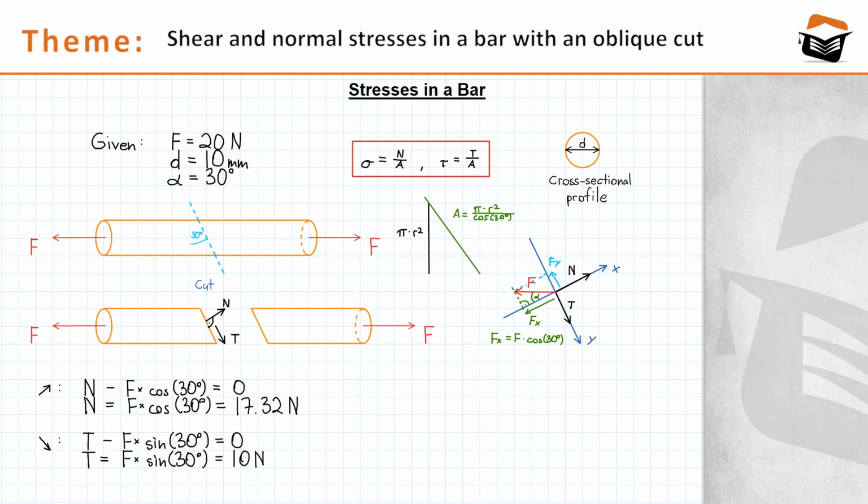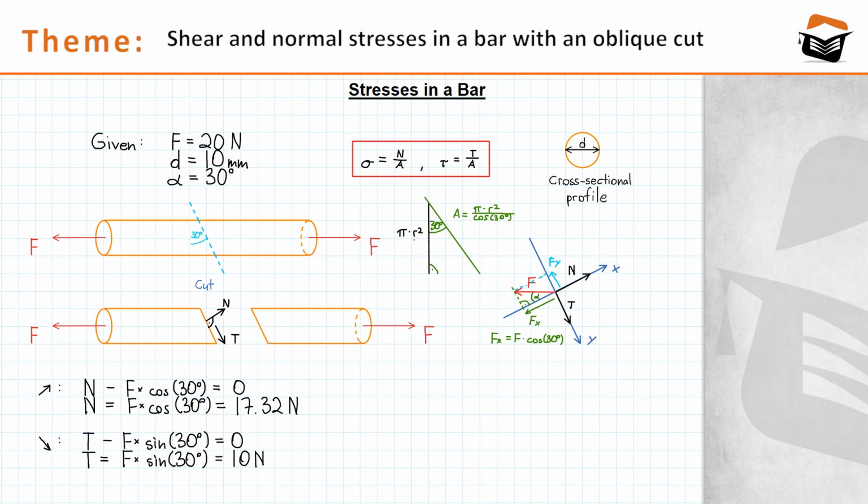Why is it necessary to divide the product of pi and r squared by cosine of 30 degrees? Because here we have a right-angled triangle with this angle being 30 degrees and the right angle being here, and cosine is the ratio of the adjacent leg to the hypotenuse.